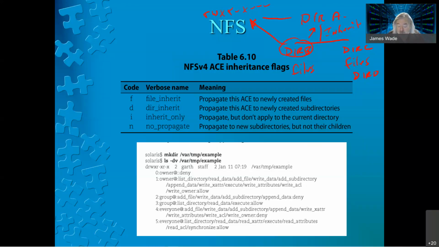The other thing we have the ability to do is, see how it says propagate this ACE, our access control entry, to newly created files. Propagate this to newly created directories. Propagate, but don't apply to the current directory. And propagate to new subdirectories, but not their children.